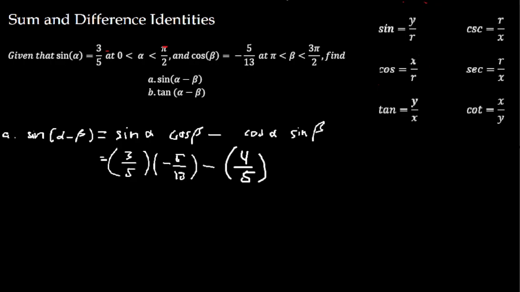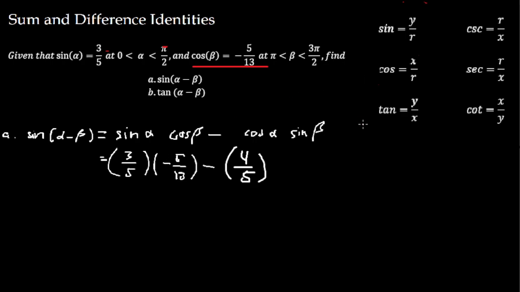Now pala, hindi na first, second na siya. Now, let us look at the given and look for whoever has beta in it. Now, we can see that our cosine is beta. Yung beta natin is nasa cosine. Now, we can use that to identify the value of sine of beta.